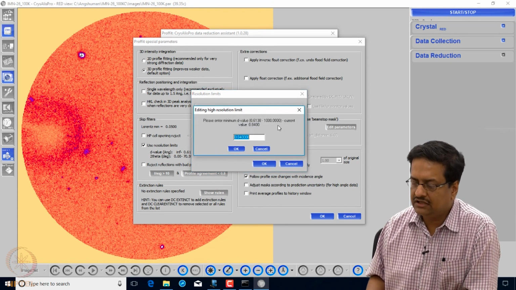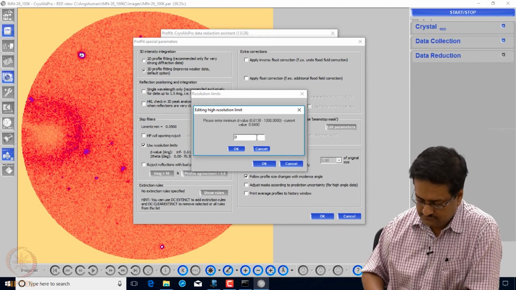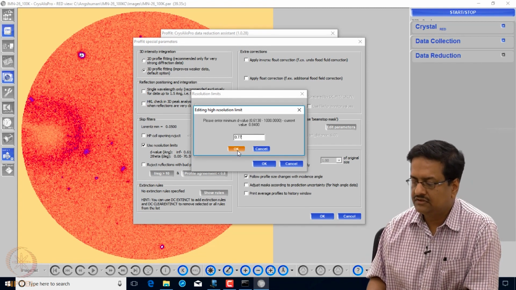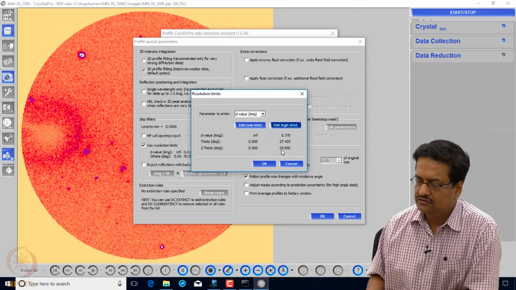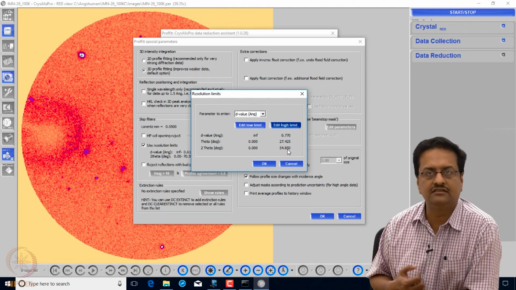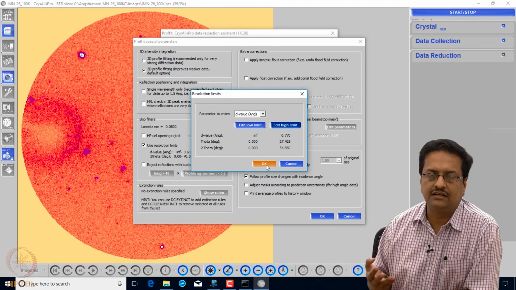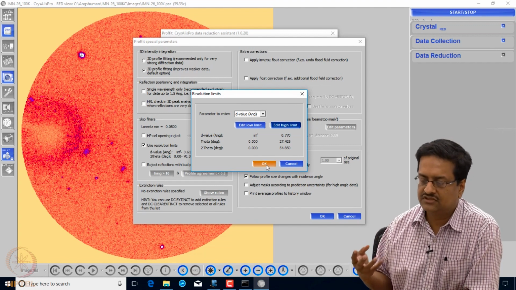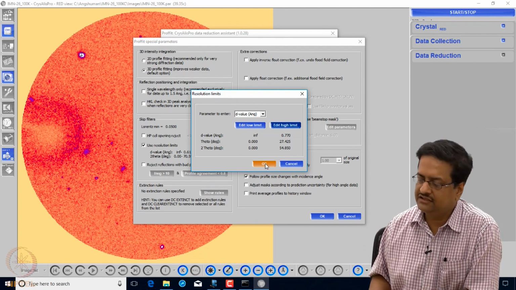One can make it like 0.77, which would correspond to about 55 degree in theta. So it will have data from 0 degree to 55 degree in theta, which will be read by the software, and it will then give you the corrected, scaled, averaged reflections as an HKL file.